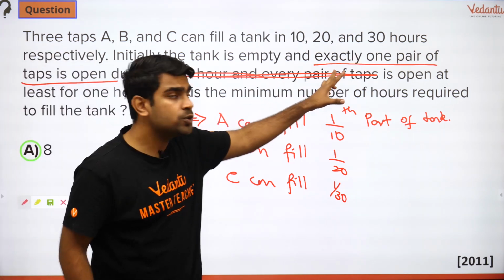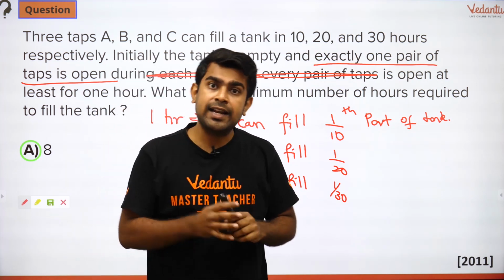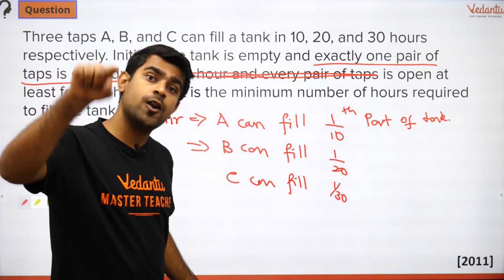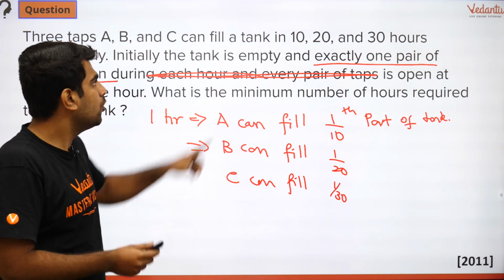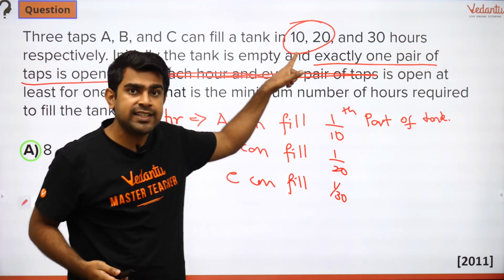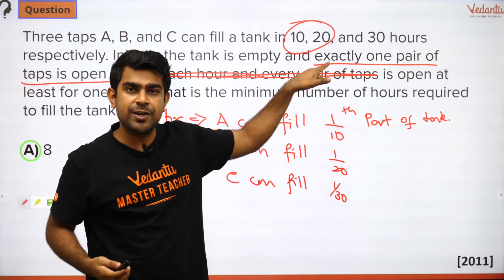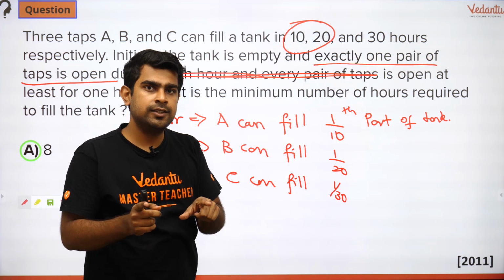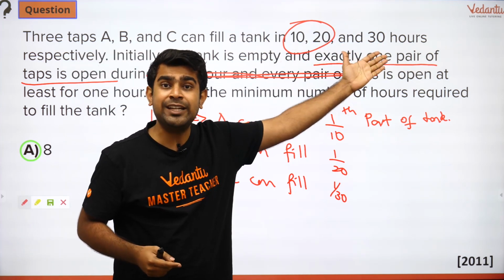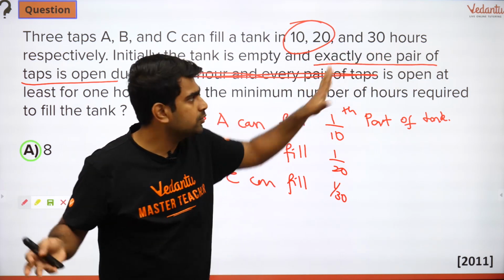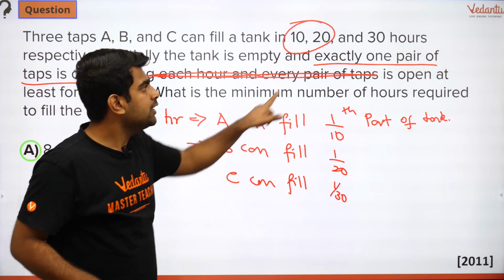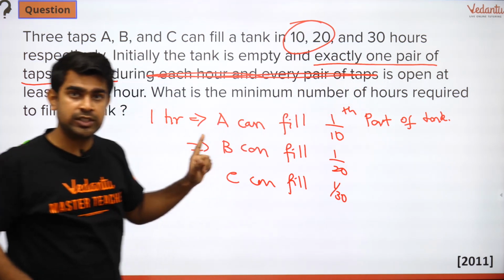If I am asked to open only one pair and do it in the minimum time, I am sure what all of you will do is open the first two taps. Why? Because they are faster, 10 hours and 20 hours. They both are very fast. So I will make these guys work. I will not open this tap. This tap is going to eat my time, so why would I want it? So I am going to throw it off. Getting it? So that will be the strategy for exactly one pair being used.